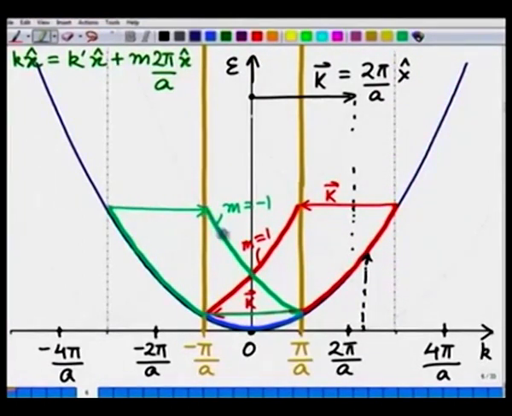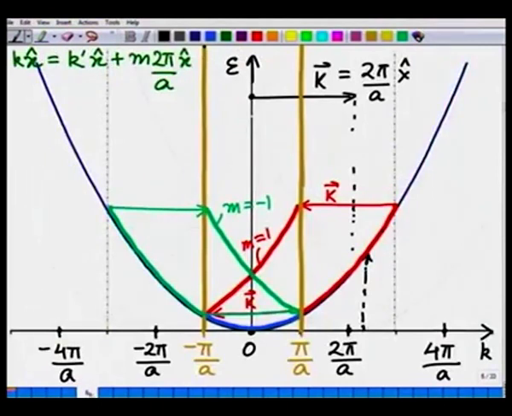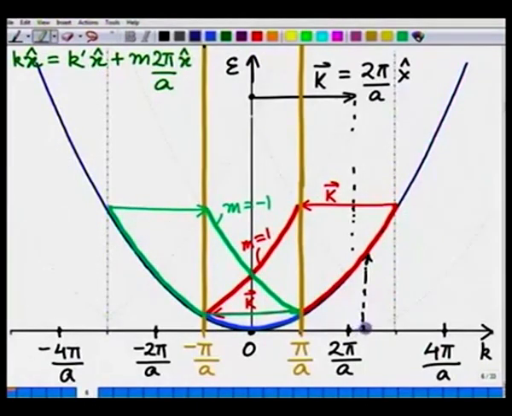And I have shown you 2 green segments. For m equal to -1, k prime would be equal to k plus 2 pi by a, which is essentially a parabola centered at minus 2 pi by a. So, you can see that whatever value you take, if you subtract 2 pi by a from this k value, all the red points get shifted into the first Brillouin zone.